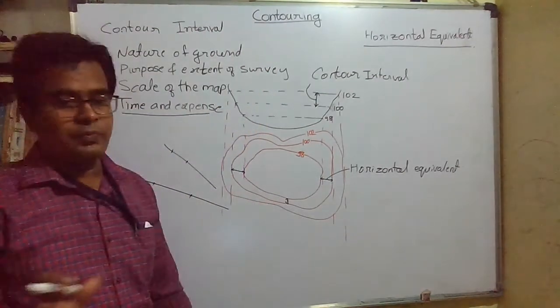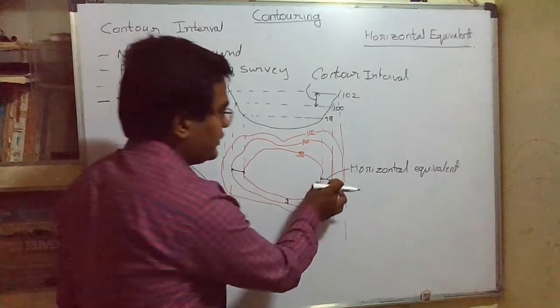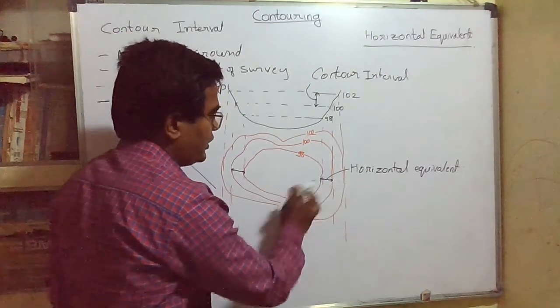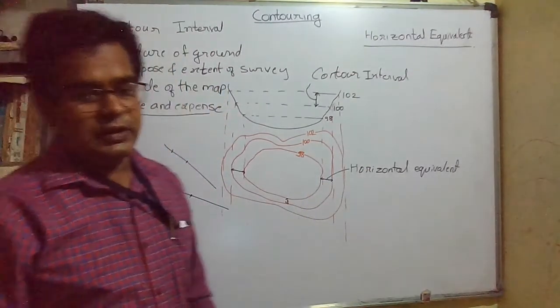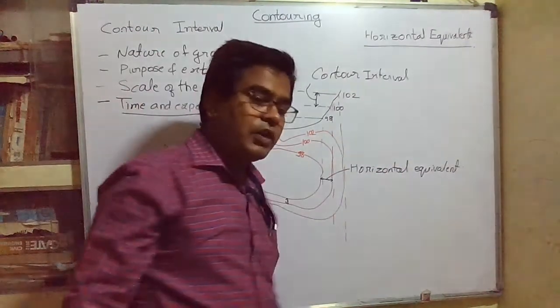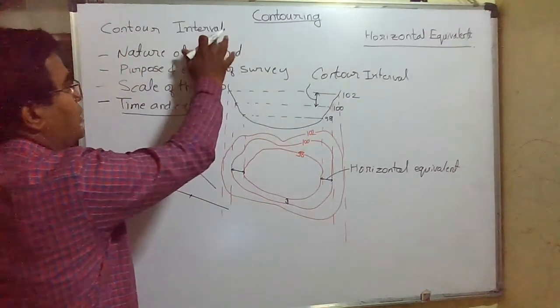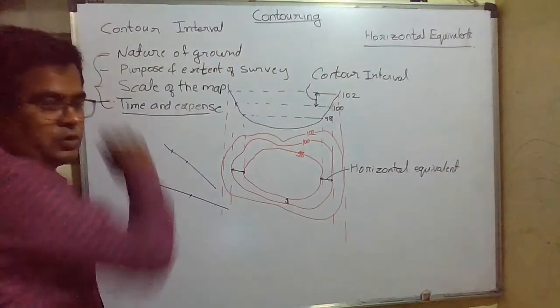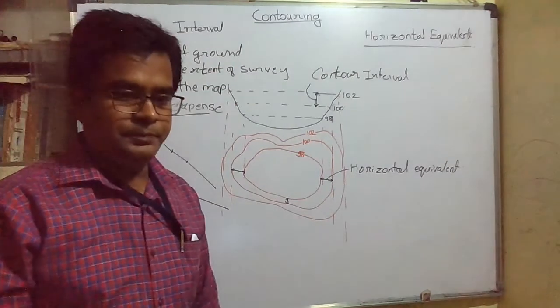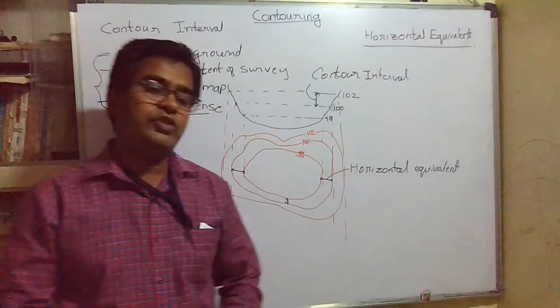It varies from point to point. For the same map, here the horizontal equivalent is more and here it is less. Horizontal equivalent depends on the steepness of the ground, whereas contour interval is based on these four factors.